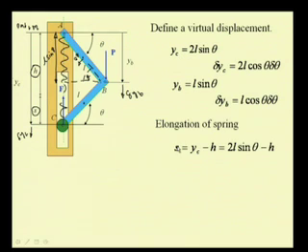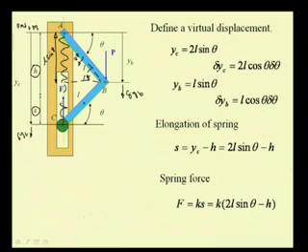So, S is 2L sin theta minus H, and from this we can now determine this force F that will act at this point C, because the spring force F is equal to K times S, where K is the spring constant and S is the elongation of the spring.